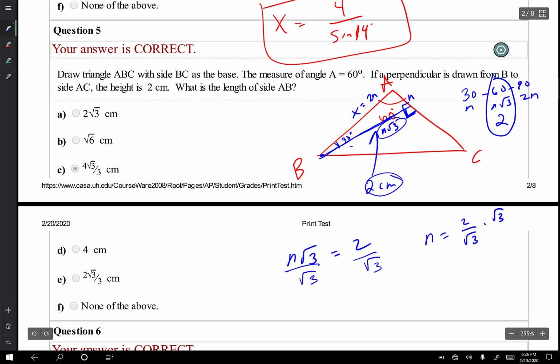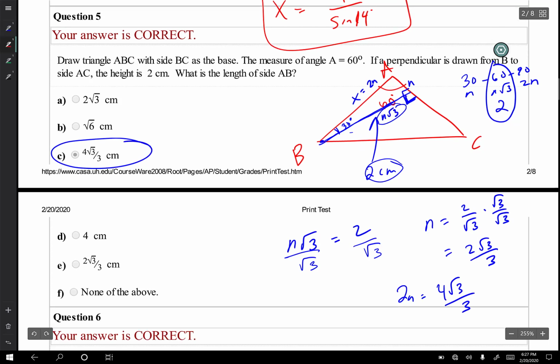When I rationalize this, you get 2 square root of 3 over 3. So that's the small leg. Now I need to get the hypotenuse, so I just double it. 2n equals 2 times 2 square root of 3 over 3, so 4 square root of 3 over 3.